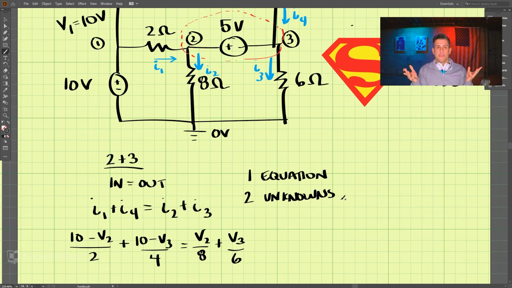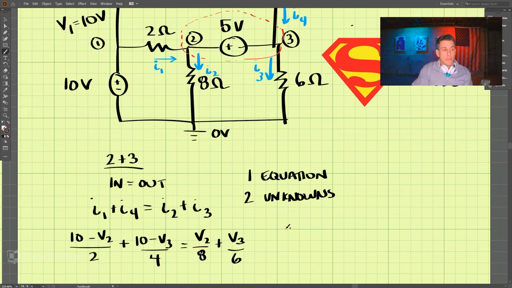How do we solve this? Well, we need one more equation. And what is that equation?